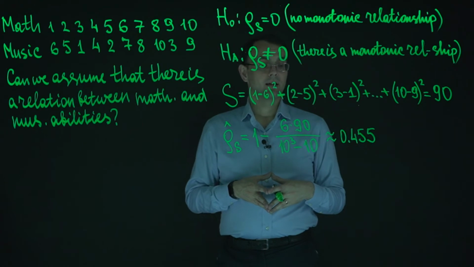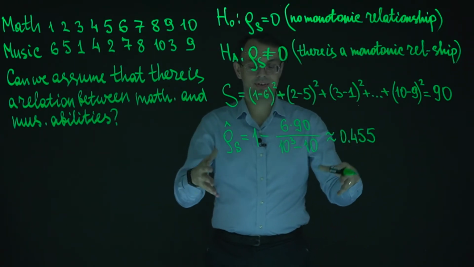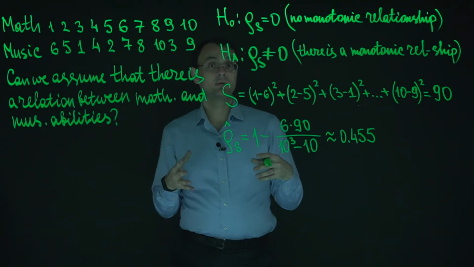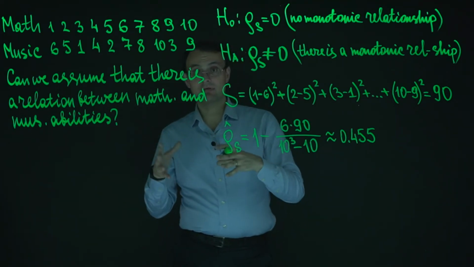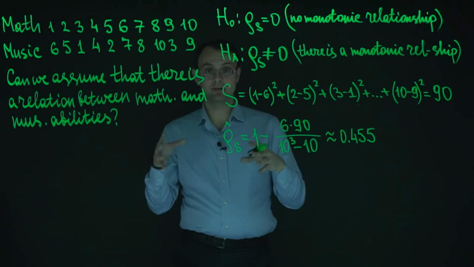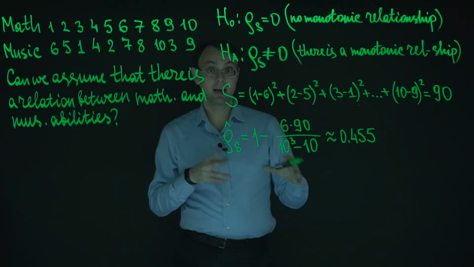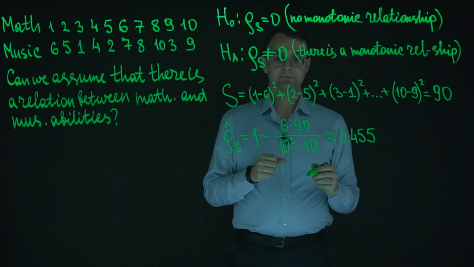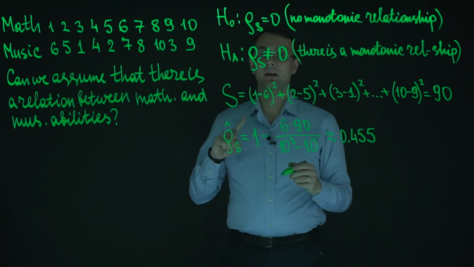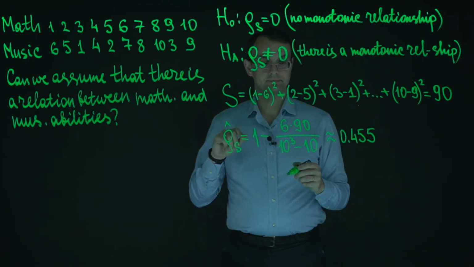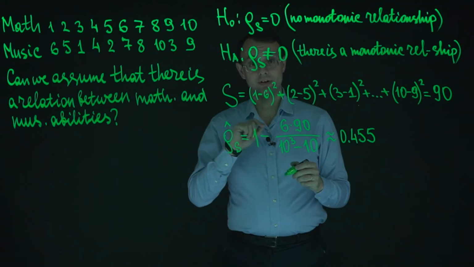Now, that means that we can say that the better the student is at math, the better he or she is at music, and vice versa. So then, on average, it's better to say so.